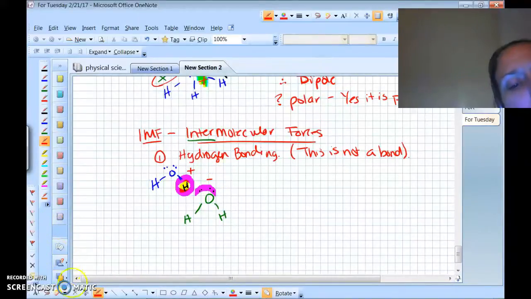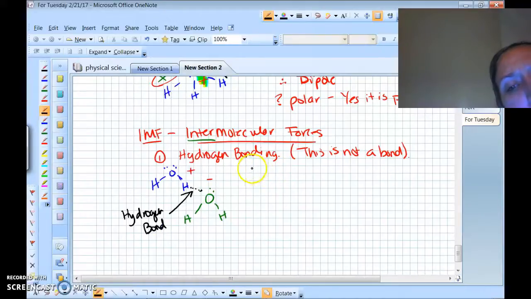The attraction between these two, the positive and the negative, sort of like the magnets that we've been talking about, is represented like this, with these dots, saying that this positive hydrogen is attracted to this negative oxygen. This is a hydrogen bond.